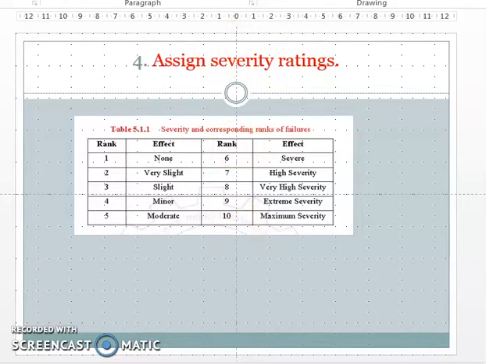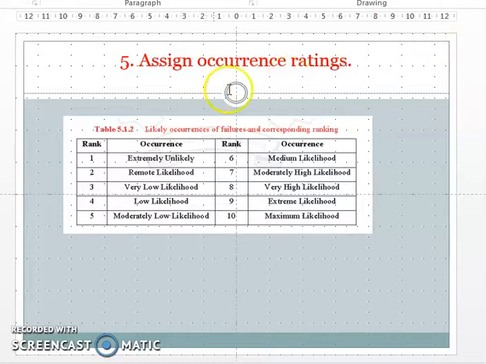After that, the fifth step is you have to assign occurrence ratings. Means how likely this event or failure is to occur, according to which you have to give the ranking. If it is extremely unlikely, then you have to rank it 1.